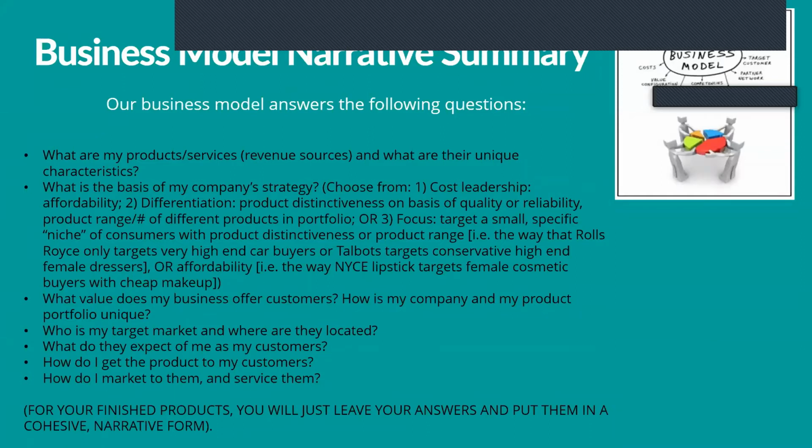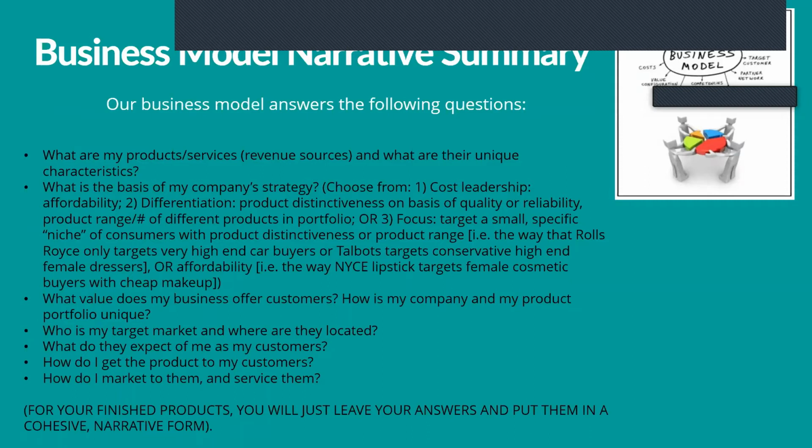She might have lotion, she might have some creams, she might have some natural or holistic medicinal sort of balms that people could use on their body. And so in that case, you're talking about a range of different products in your portfolio.